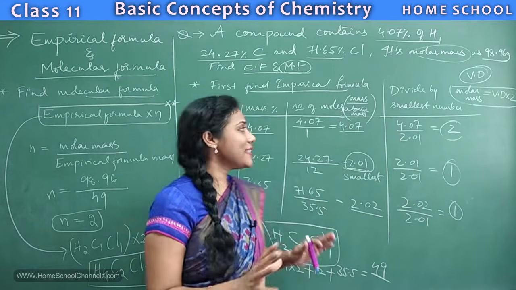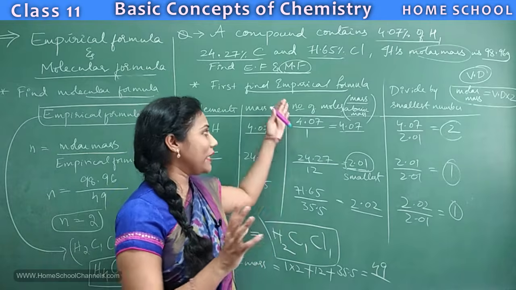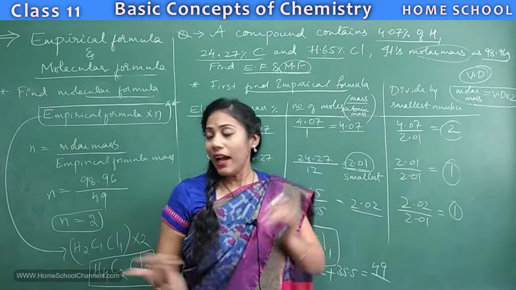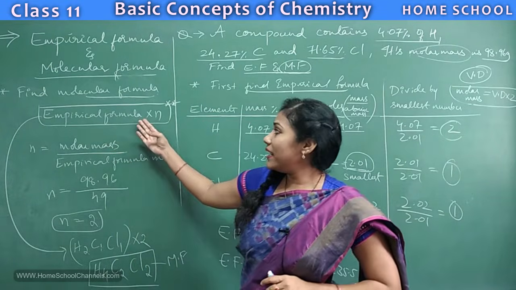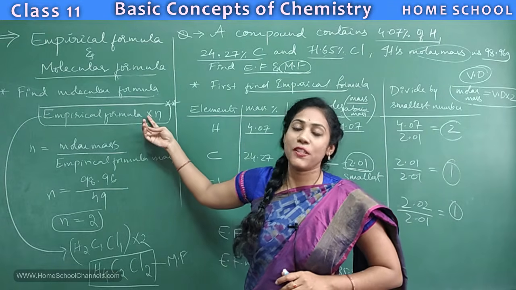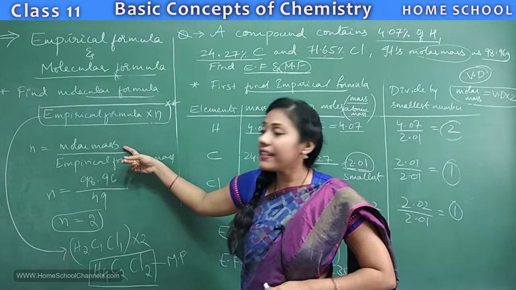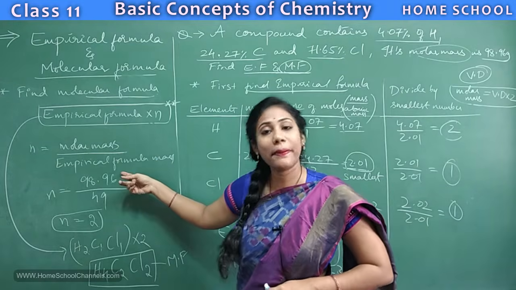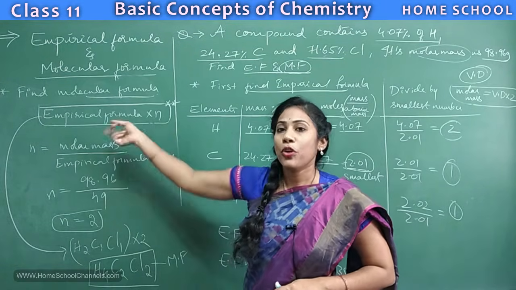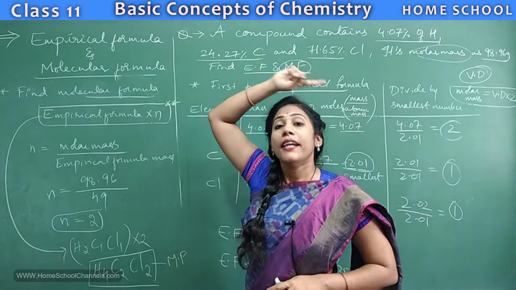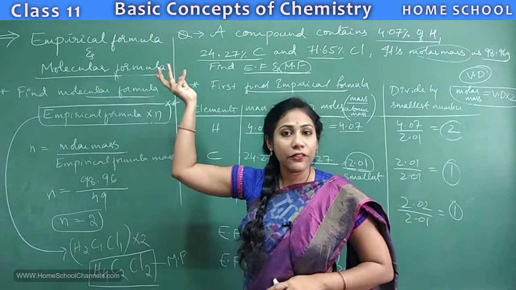First, you need to calculate the empirical formula using the data, and later the molecular formula is calculated with the help of this formula. For the formula we want the n value. n is calculated by molar mass divided by empirical formula mass. Molar mass will be given in a question; if not, at least vapor density will be given.